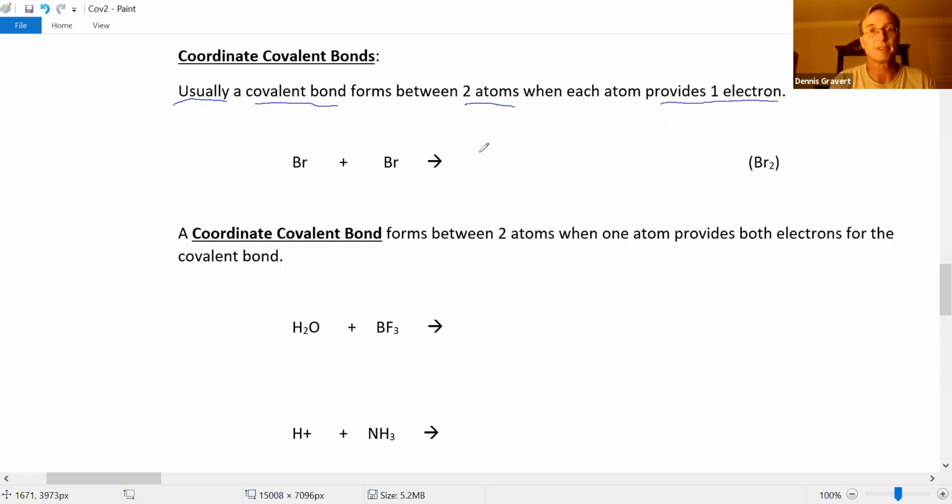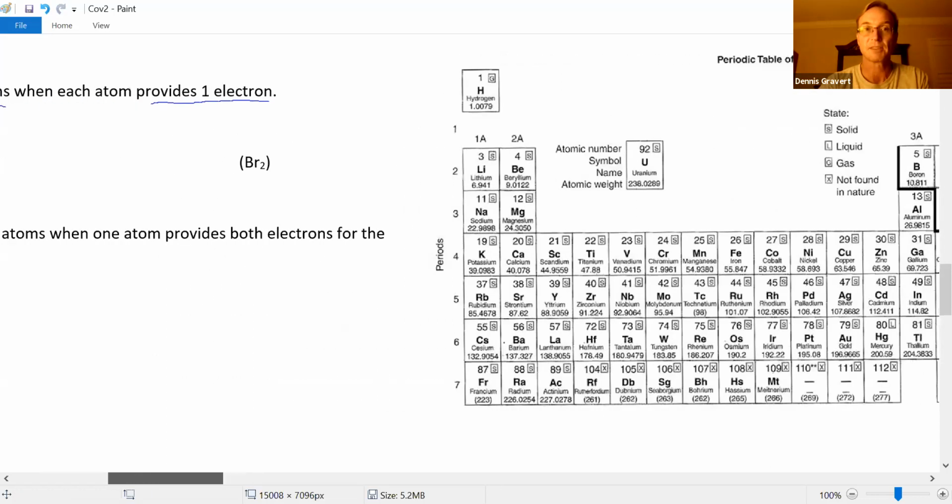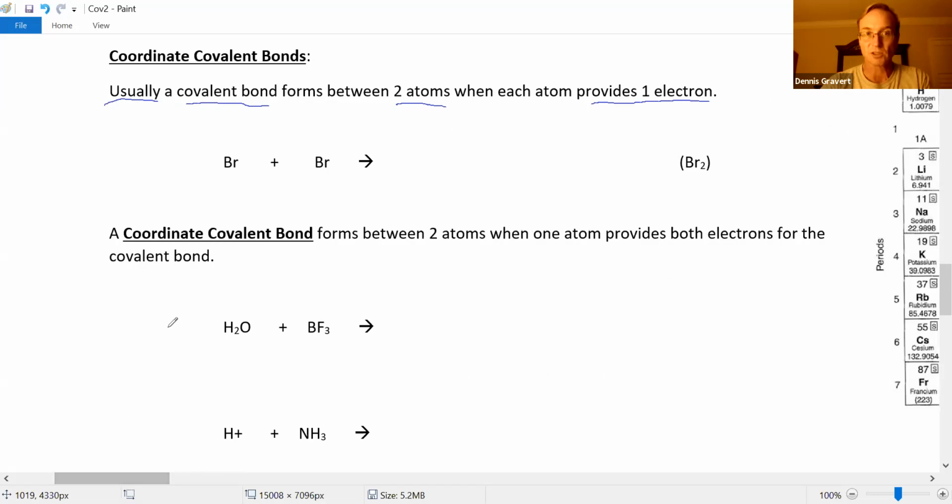All right, so I started to put a reaction here to make a molecule of Br2. So where's Br? Periodic table again. Bromine's element 35 on the right. More importantly, it's in column 7. So it has 7 valence electrons. So let's draw the Lewis dot structure. In a previous video, we talked about how you spread out those 7 electrons, and the legal places to put them in a Lewis dot structure are on the top, on the right, on the bottom, and on the left.